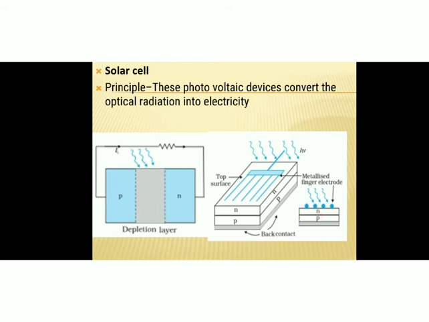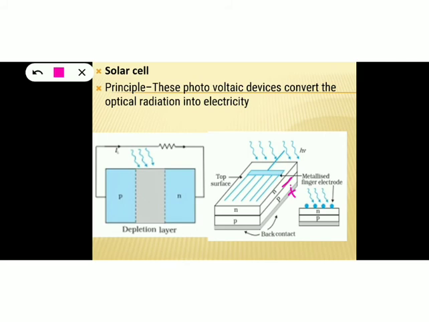So as a result, what happens? When more and more electrons are accumulated in the N region, this N region will become more and more negative. Similarly, when more and more holes are accumulated in the P region, this P region will become more and more positive. So a potential difference is developed between the N region and the P region, due to which a photo current starts to flow across the diode.